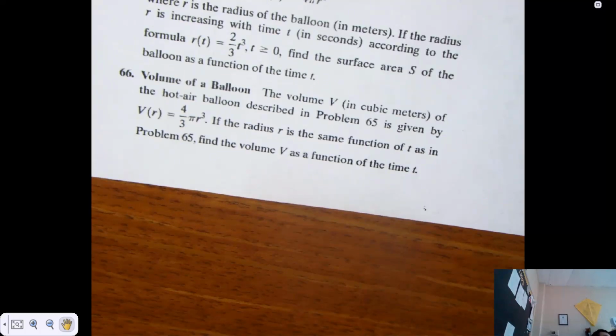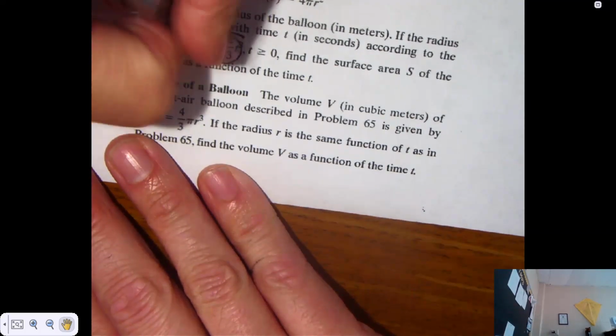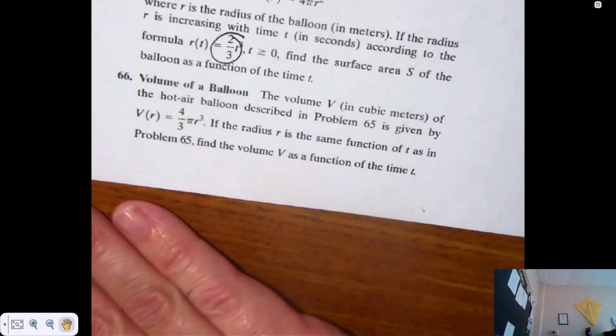The volume V of the hot air balloon described in problem 65 is given by, because it's a sphere, 4/3 pi r cubed. The radius r is the same function of t as in problem 65. Find the volume V as a function of the time t. Oh, well, there's your radius.